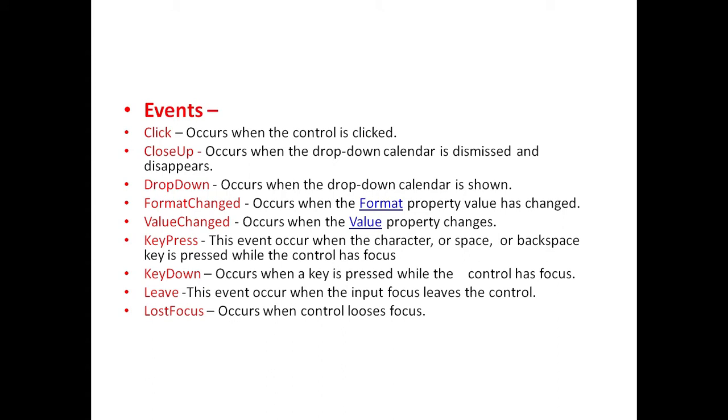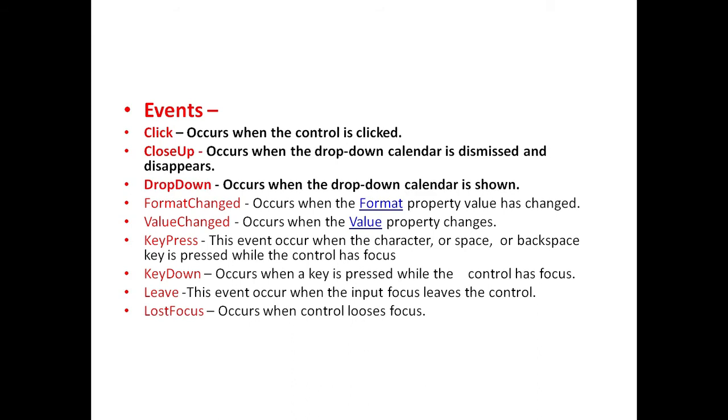Events for date time pickers are: first is Click, which occurs when the control is clicked. CloseUp: this event occurs when the drop-down calendar is dismissed and disappears. DropDown occurs when the drop-down calendar is shown. FormatChanged occurs when the Format property value is changed.